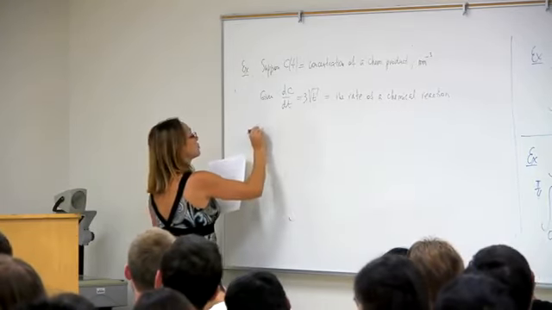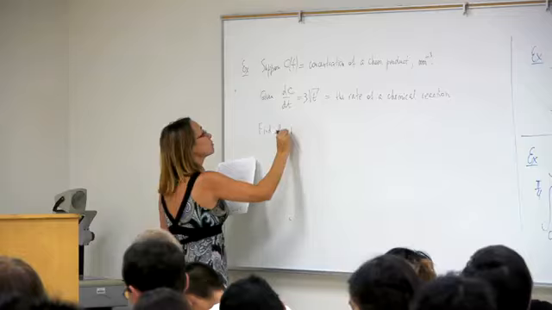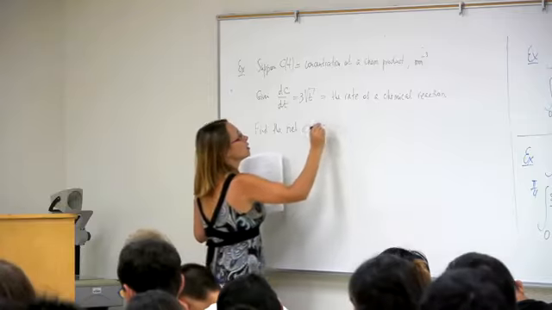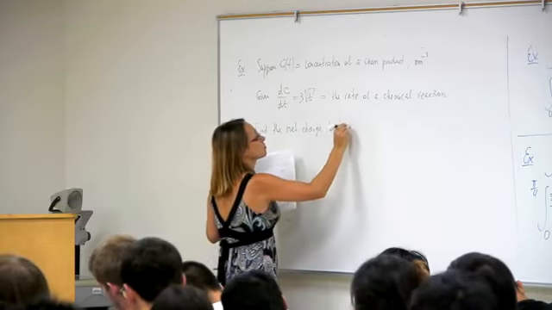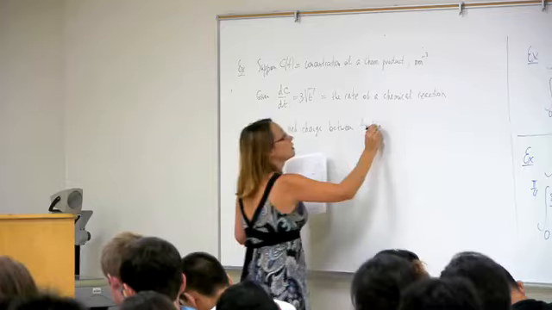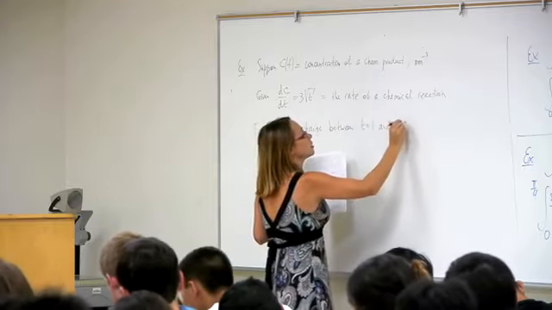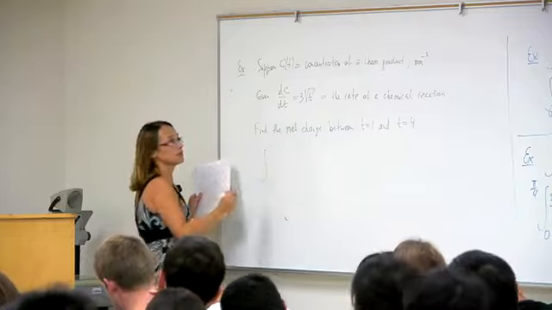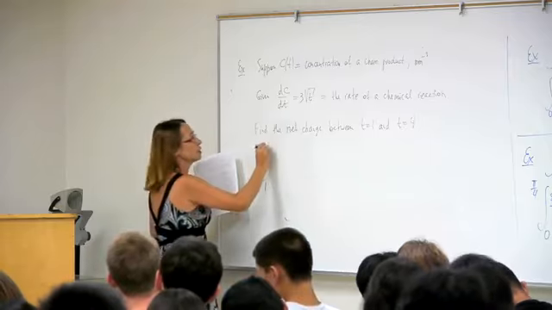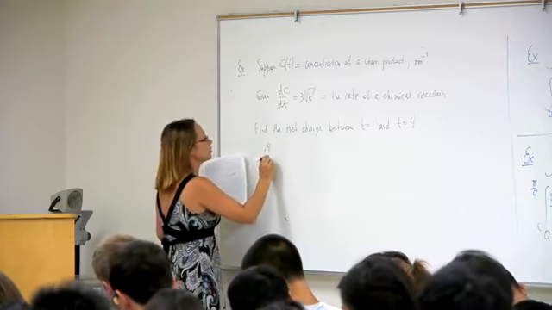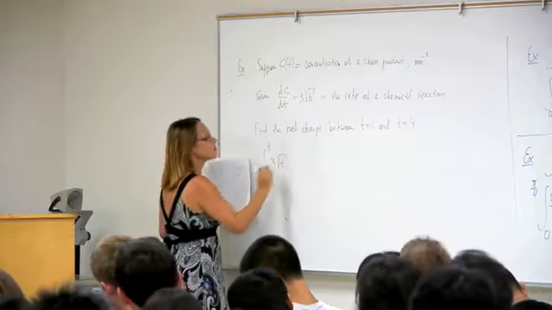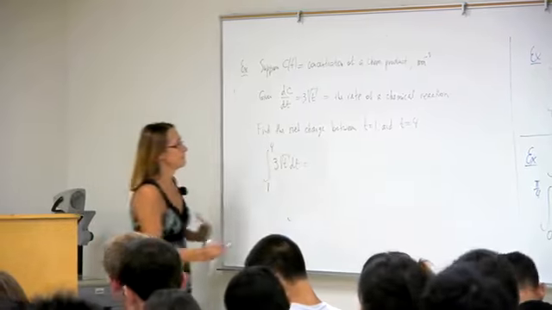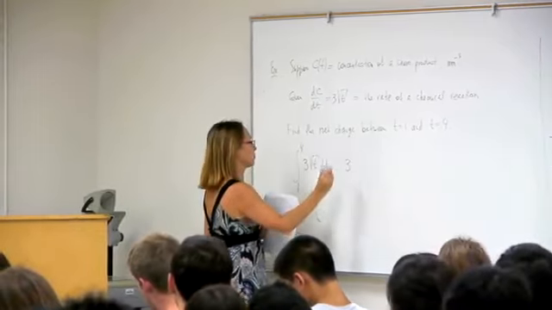Find the net change between time equals 1 and time equals 4. Okay, so I start writing it out as usual from 1 to 4, and here I have 3 square root of t dt. All right.